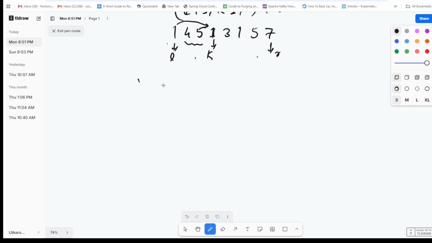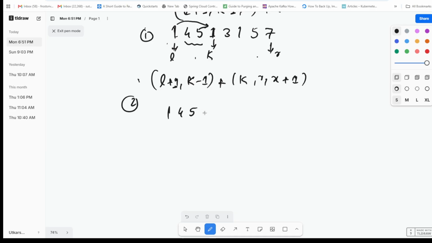So we will solve for L plus 1 to K minus 1, and since this one is going with this one, this one will carry one extra one, right? So this will be K, this will be R, and we will introduce one variable, X plus 1, with this, right? And this will be our first option. Second, it may be possible for this case only, 1 4 5 1 3 1 5 7, K can be here also, right?